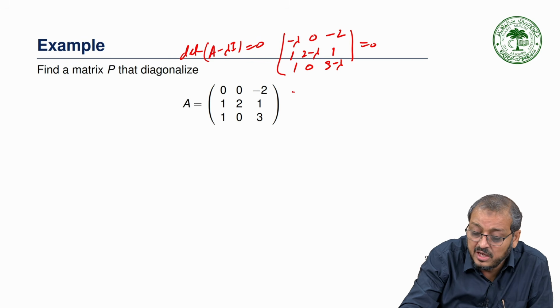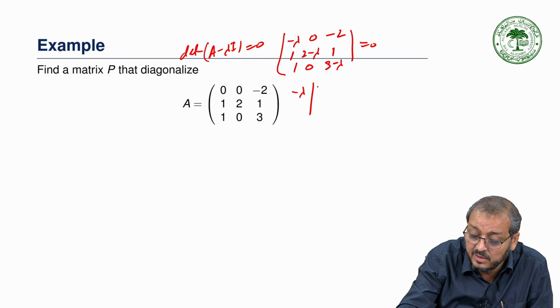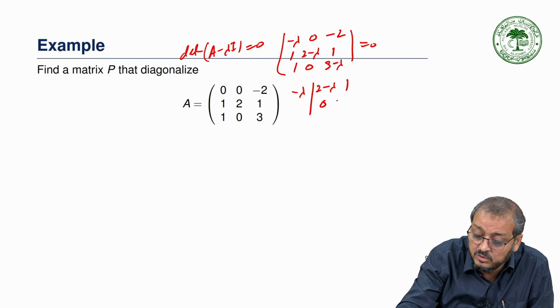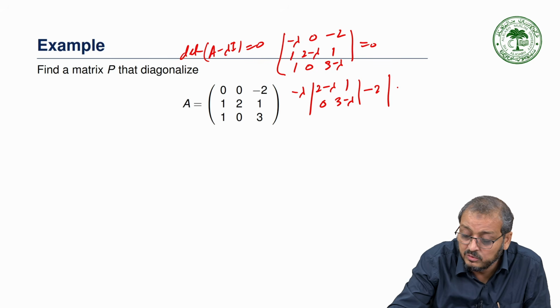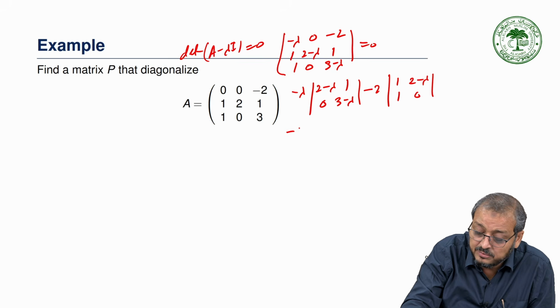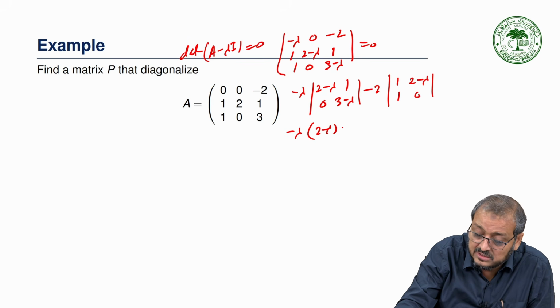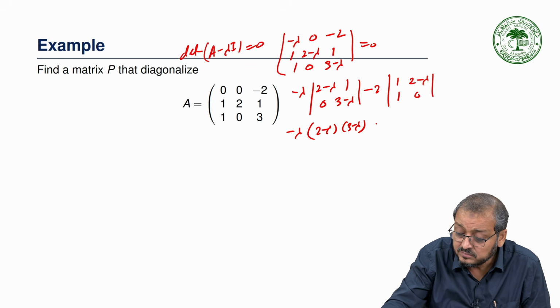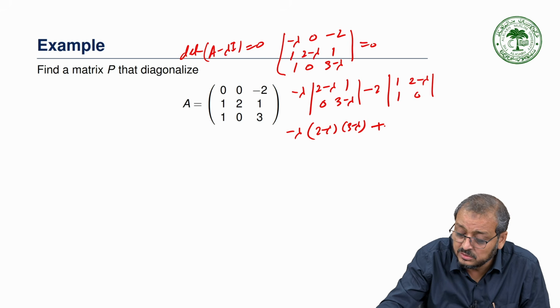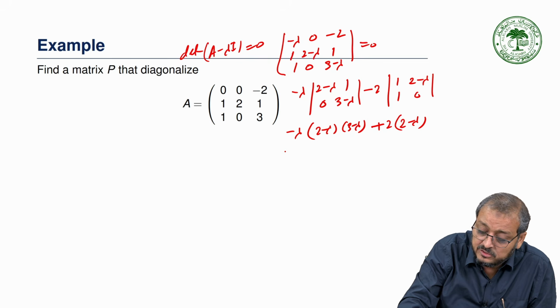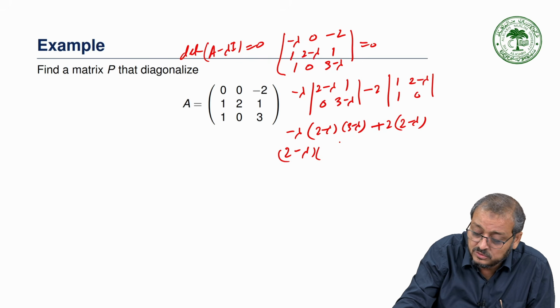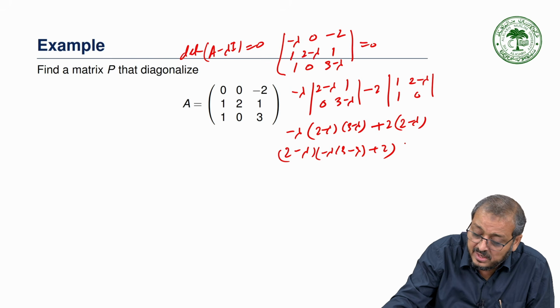Expanding, we get minus lambda times (2 minus lambda)(3 minus lambda), minus 2 times (0 minus (2 minus lambda)), equal to 0. We can take 2 minus lambda out as common, so we have (2 minus lambda) times (minus lambda (3 minus lambda) plus 2), equal to 0.